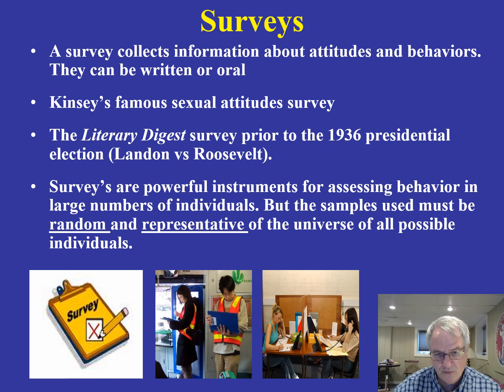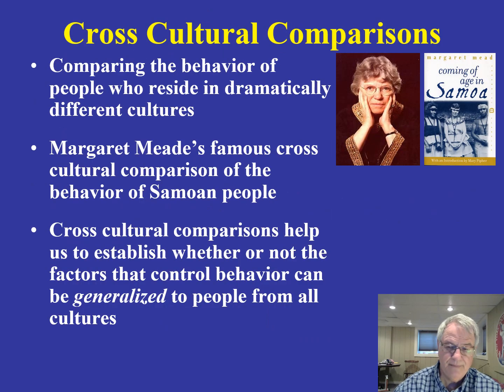That survey was hopelessly biased. Yes, it told us about what subscribers thought to the Literary Digest, but that represents a biased population of individuals. So again, surveys are very powerful, but at the same time, we have to understand that they can be terribly, terribly biased based upon the sample that is used.